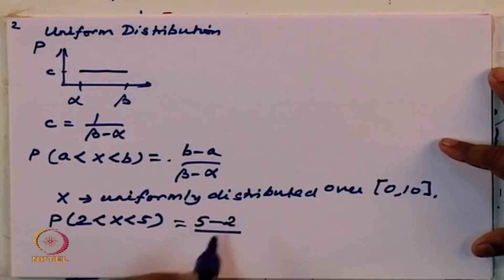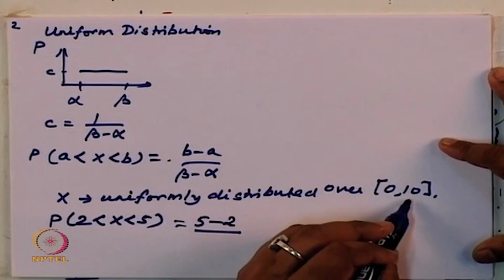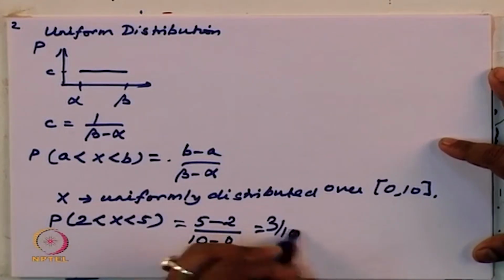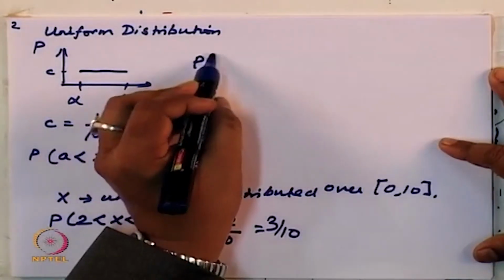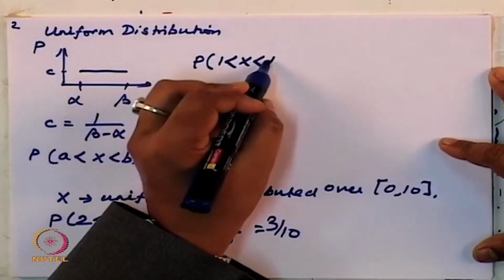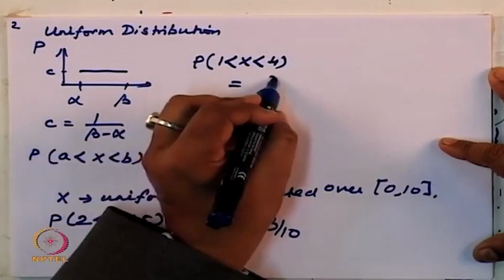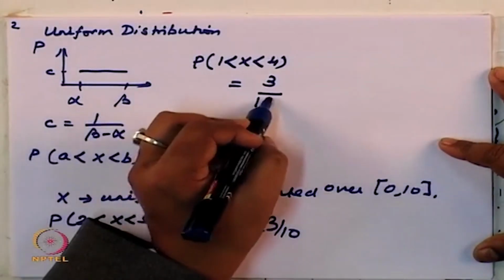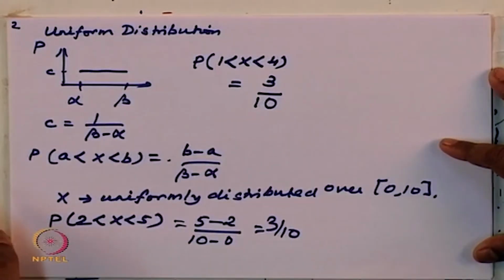So, this probability is 5 minus 2 over beta minus alpha, which is 10 minus 0, so it is 3/10. Similarly, probability of 1 less than x less than 4 will return the same value. Both will return a value of 3/10.